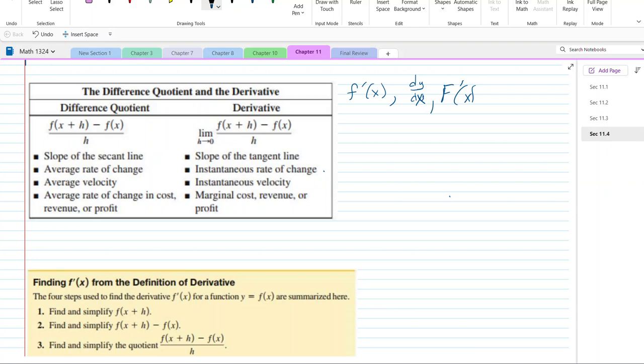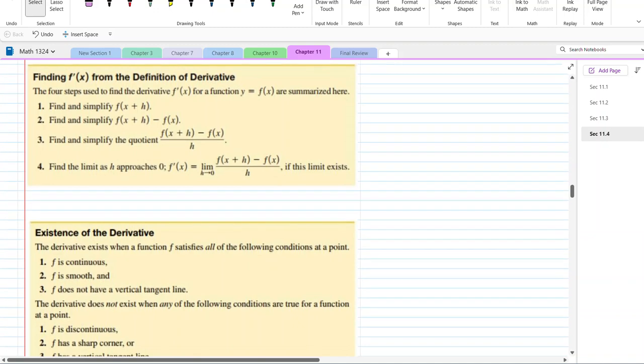Well, to get the derivative, we added the limit as h approaches 0 to the difference quotient. And the terminology used specifically for derivative is slope of a tangent line, instantaneous rate of change, velocity, marginal cost, revenue, or profit. So we can see the distinctions in the growth of application.